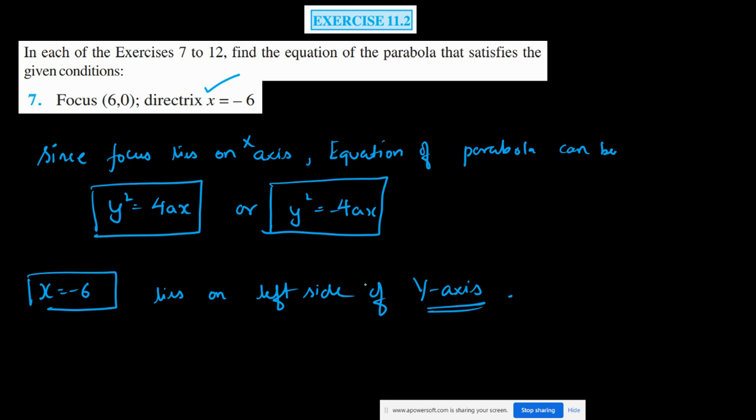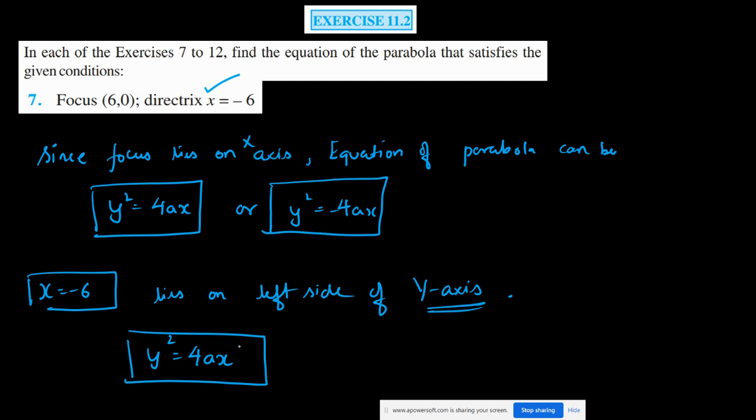Since it lies on the left of the y-axis, I can tell the equation of the parabola is going to be y square = 4ax with a positive sign.